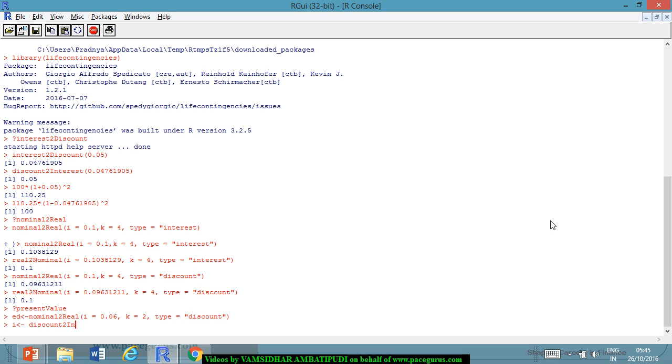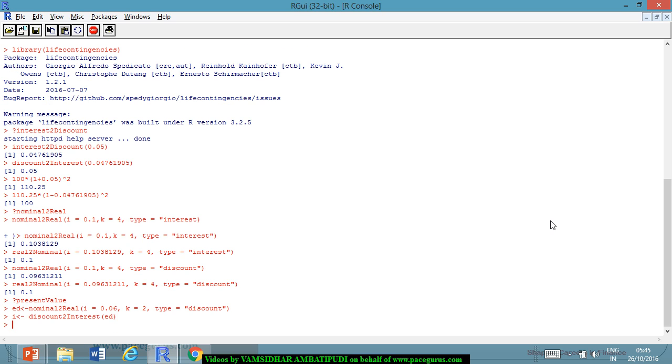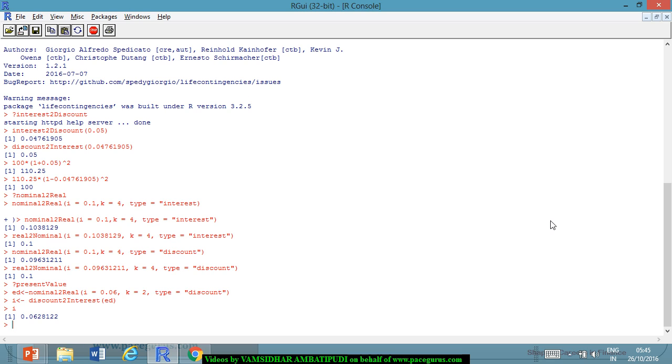I am doing a discount to interest conversion wherein I am providing the ED which I have got as nominal to real conversion. I am giving that as an input to discount to interest. So this is what is my I. If I'm looking at this I, it is around 6.28%.